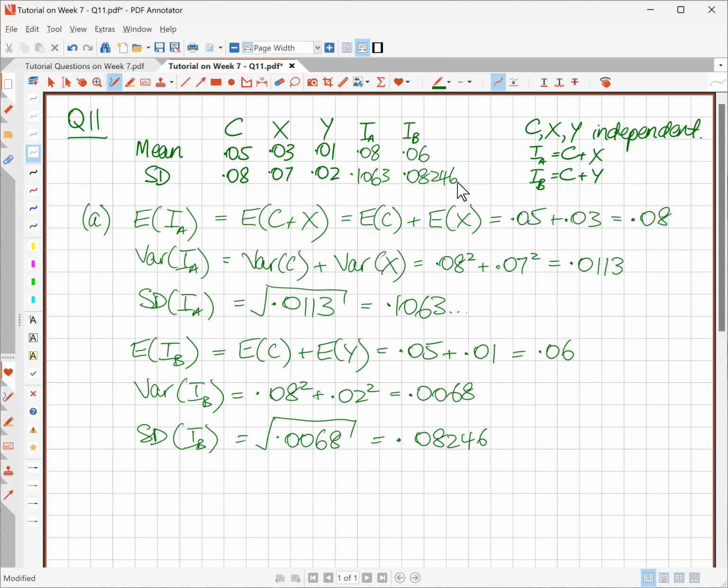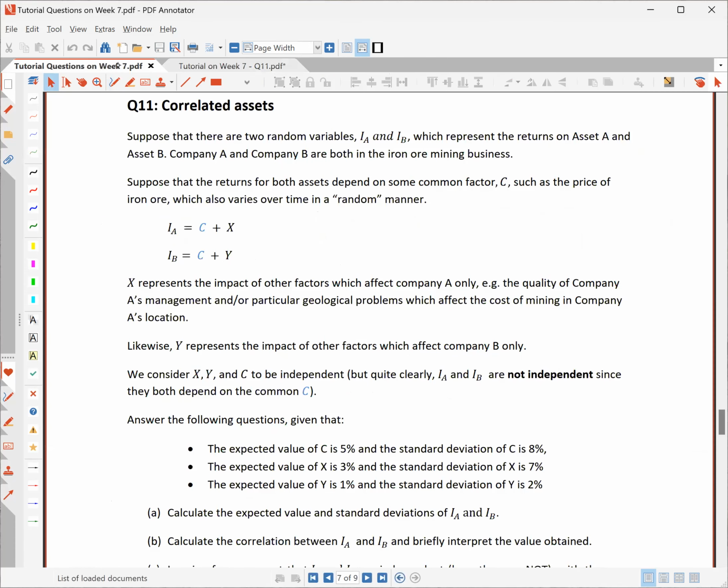Now, the next question is wanting to know the correlation. Just to refer back to that question, we want the correlation between the two returns and we want to interpret that value.